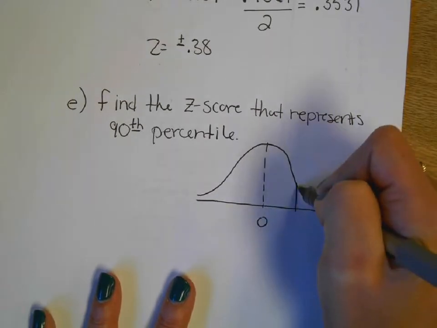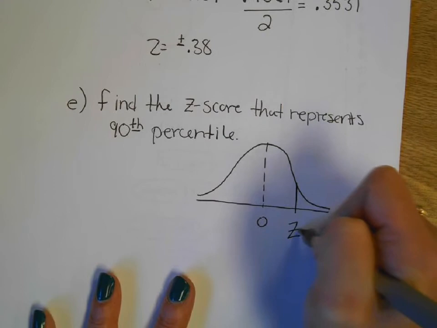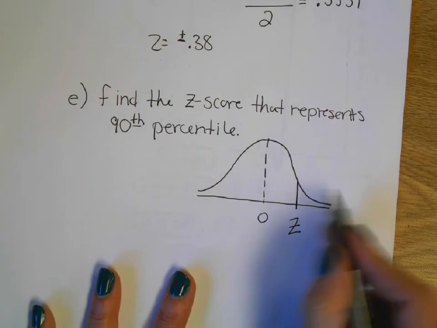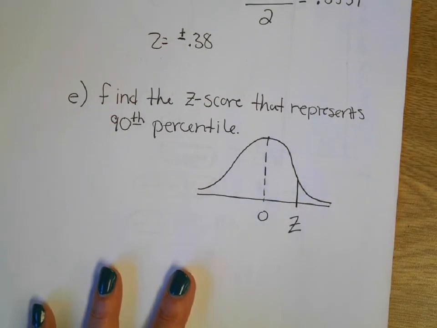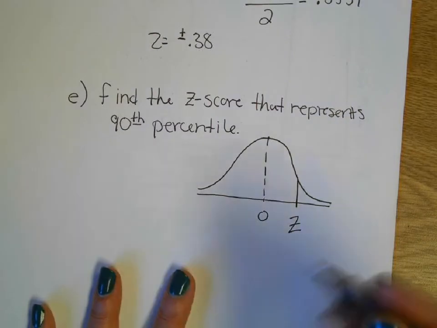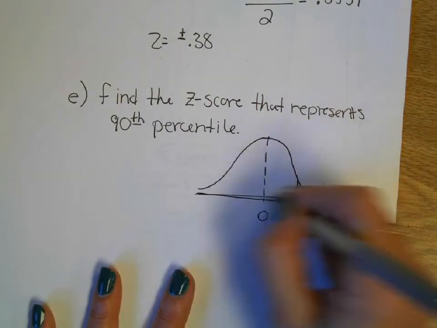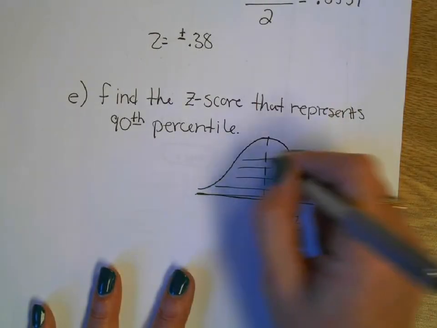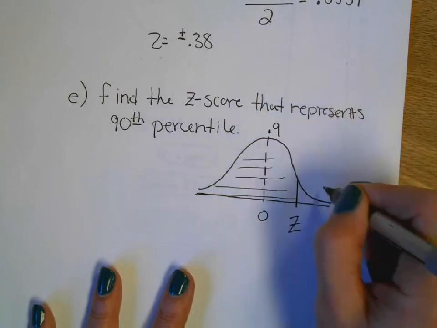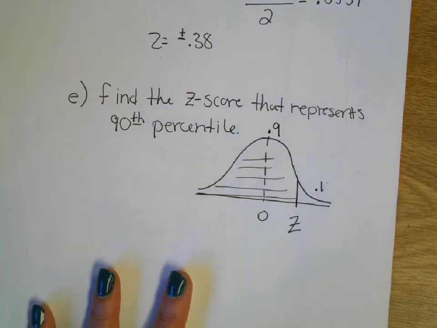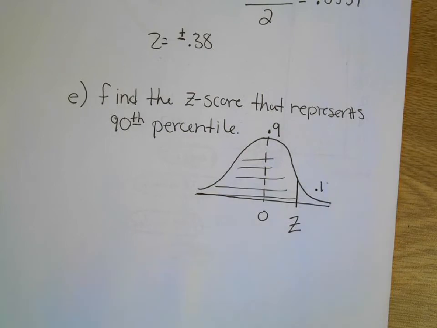Positive. So we are looking for the z-score. What do I know about these 2 areas now? 90 and 90% behind me. So that means this would be 0.9 and this would be 0.1. Does that make sense? 90th percentile, you're better than 90%, so what's behind you is 90% of the graph.